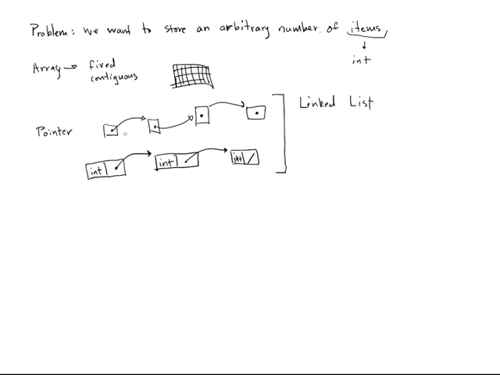Now, it doesn't have some of the performance characteristics of an array, because as we know from the pointer arithmetic video, arrays are super fast to find any particular index. Let's say you wanted this one. Well, we know we just add the offsets from where the array starts to here to get that. Well, in a linked list, we actually have to traverse each one. So let's say we wanted to find the second item, or the third item in the list.